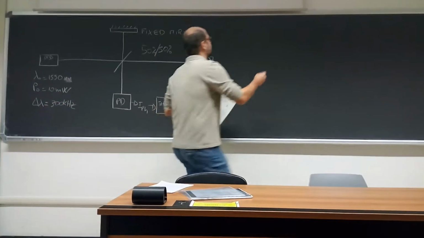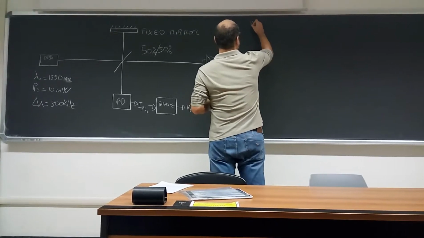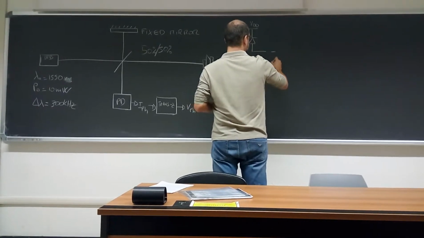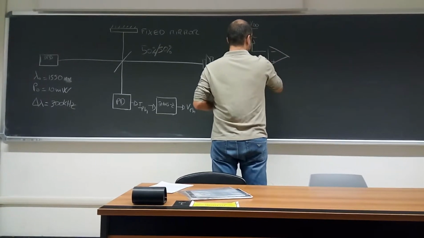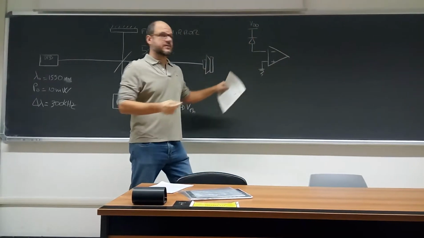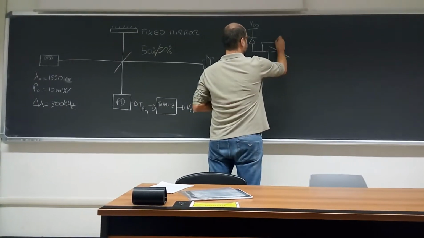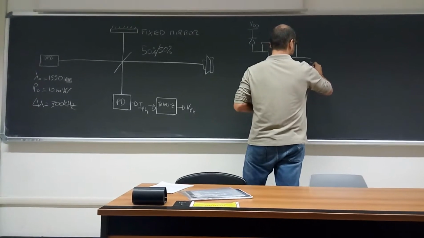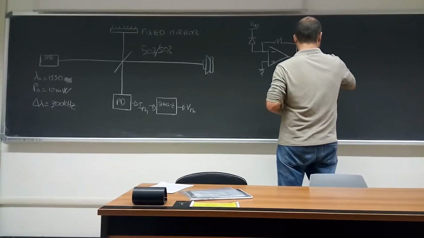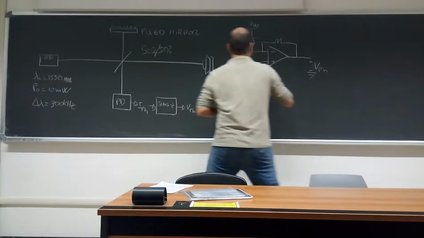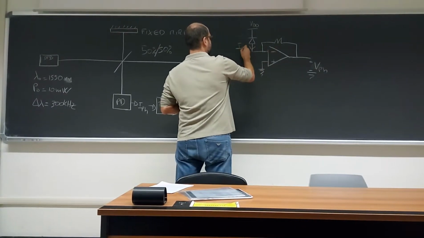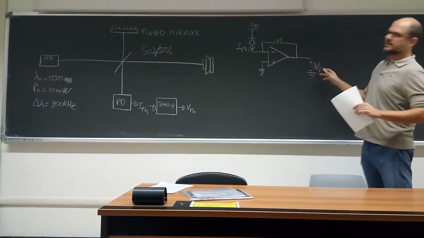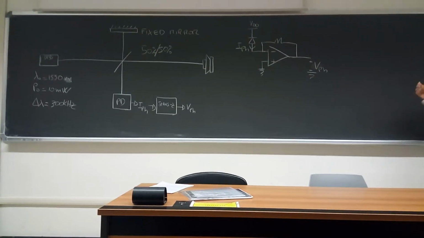More in general, when you have a photodetector, you can build this very easy scheme. You make use of an operational amplifier with a simple resistance in feedback. Then if you have the photodetected current, you develop here a photodetected voltage. This is easy.